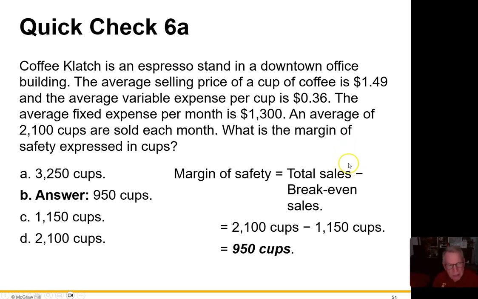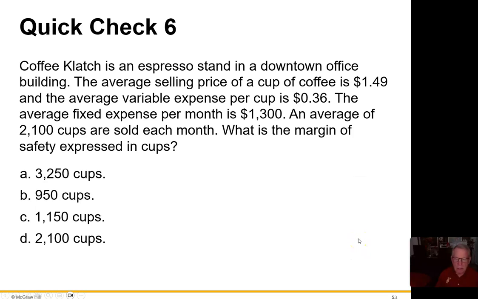And we get that by taking the total sales minus the break-even sales. In this case, we're going to have $2,100 is our average selling sales in units minus the 1,050 that we just calculated here.